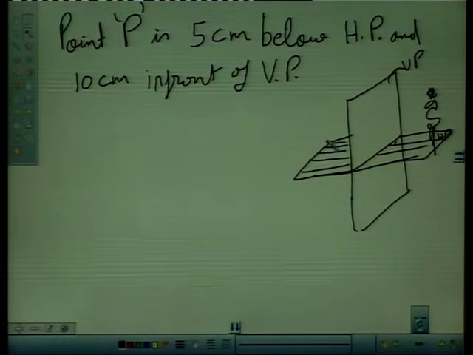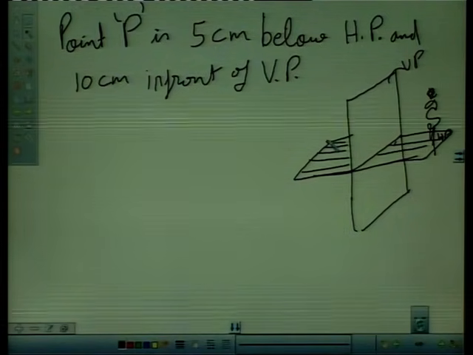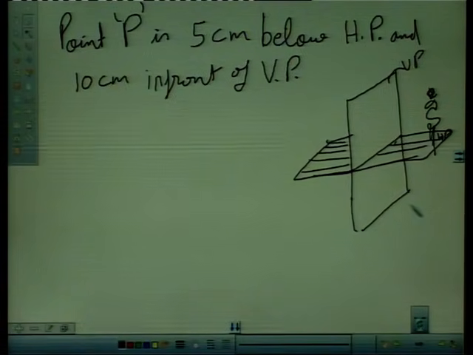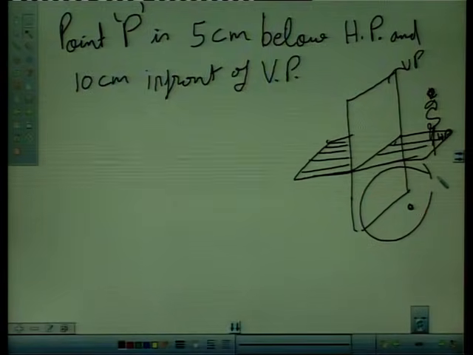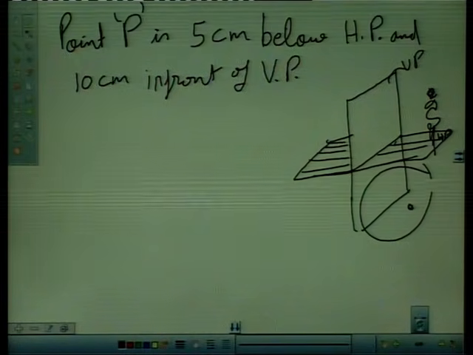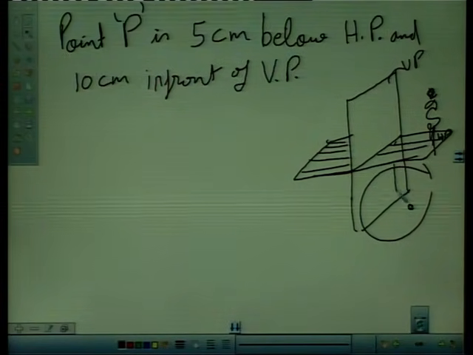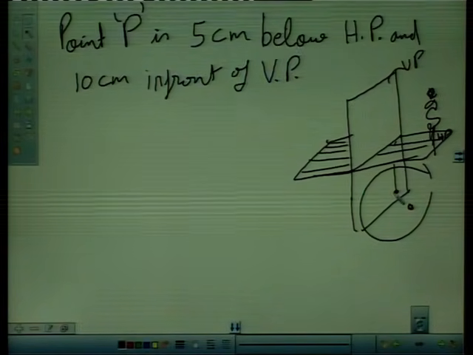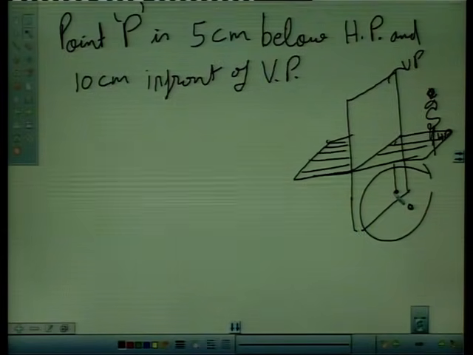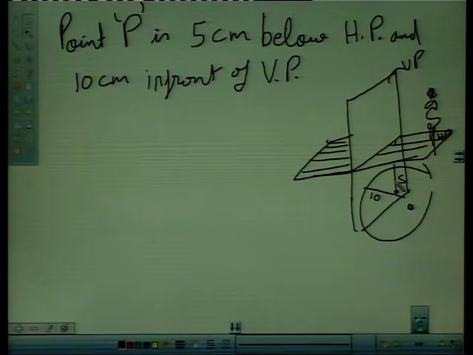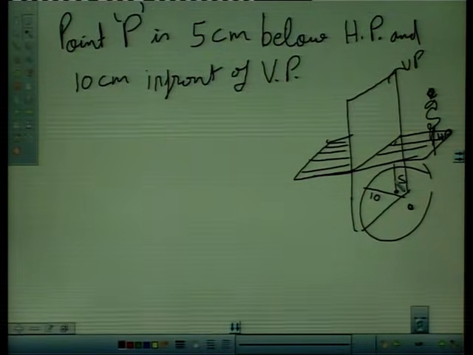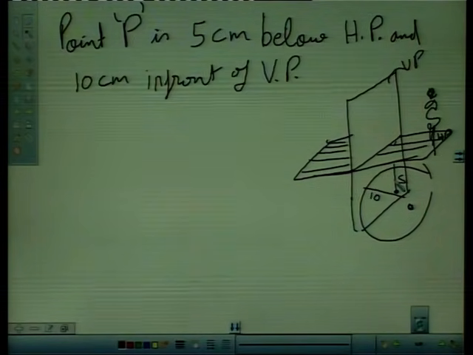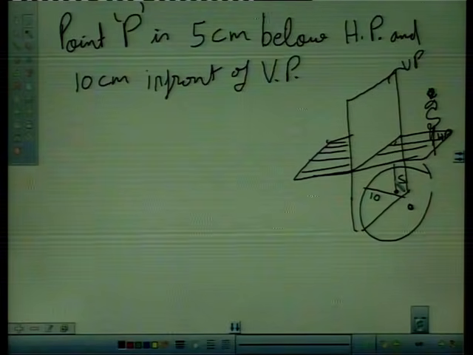This is vertical plane, in front means here in this quadrant. So point P is somewhere here in this quadrant and its distance are like this. Point P is 5 centimeter below means just go below by 5 centimeter. Say this is 5 centimeter and 10 centimeter means distance of this point P from this vertical plane is 10. Our point is 5 centimeter below this horizontal plane and 10 centimeter away from this vertical plane.